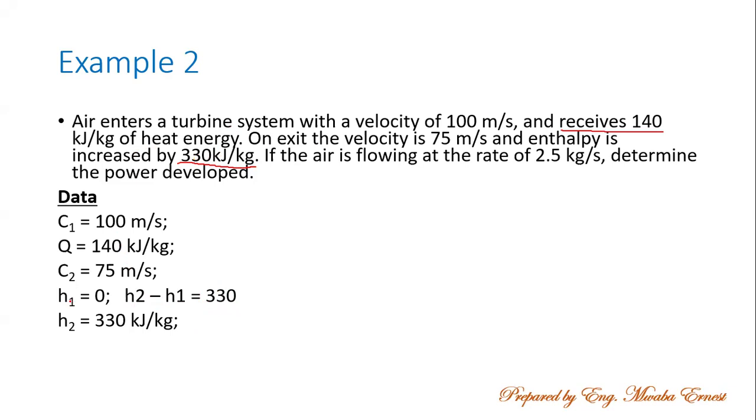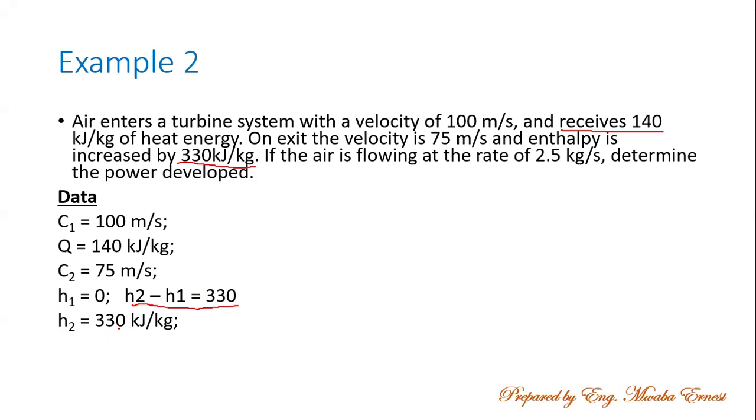Now here, to make use of the equation the way we developed it, I decided to split these in the data. What is the H2 and what is the H1 to fulfill this condition? You will notice that if I put 330 for H2 and 0 for H1, this will be true. So that's why we're saying H1 is 0, H2 is 330.